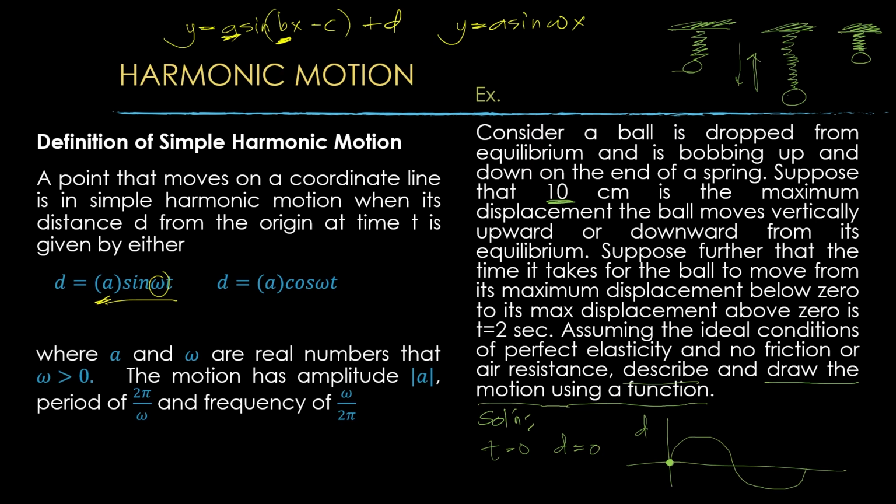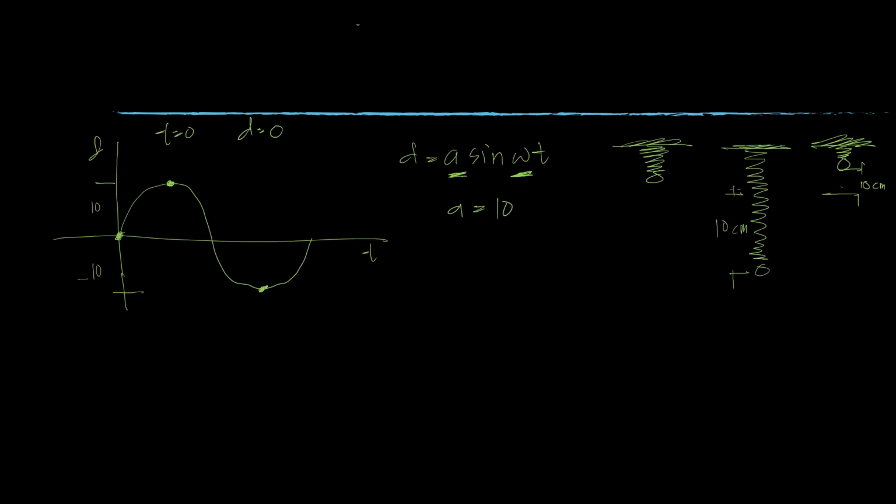Ano pa yung given? Suppose further that the time it takes for the ball to move from its maximum displacement below 0 to its maximum displacement above 0 is 2 seconds. Okay? Meaning, makita niyo na period.